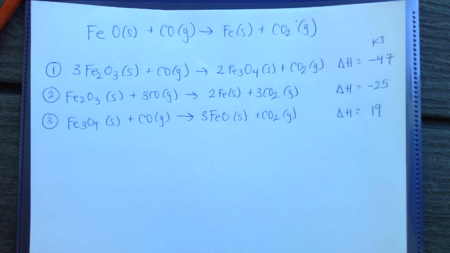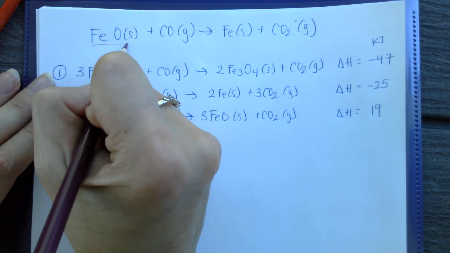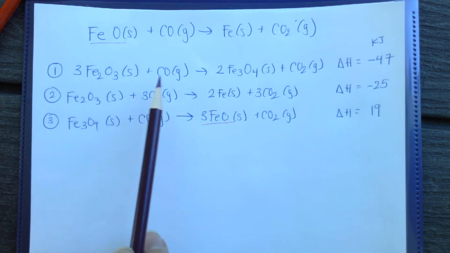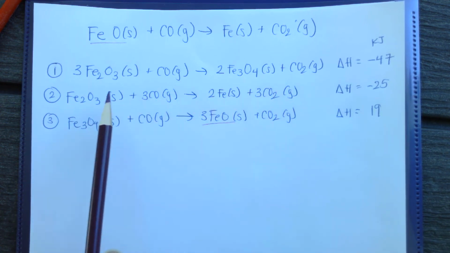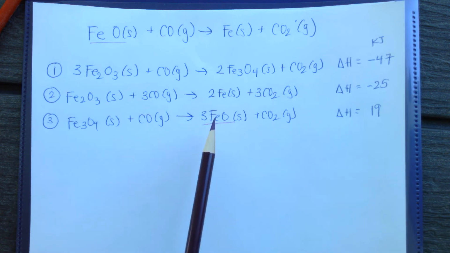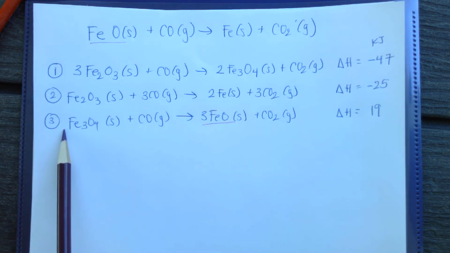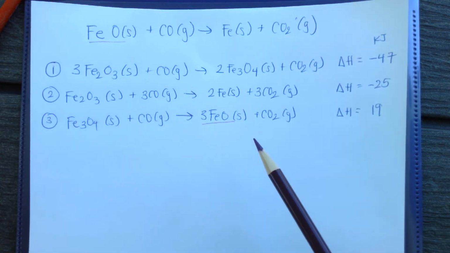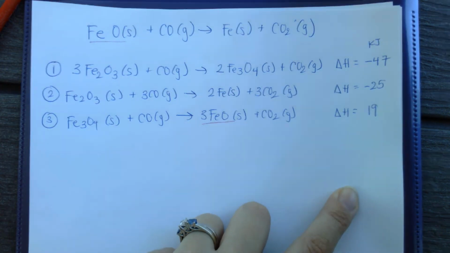What I noticed first is the FeO, that's only in one spot here. There's no FeO or iron 2 oxide anywhere except for right here. So I can use reaction 3 to put this into position, with the correct coefficient there.